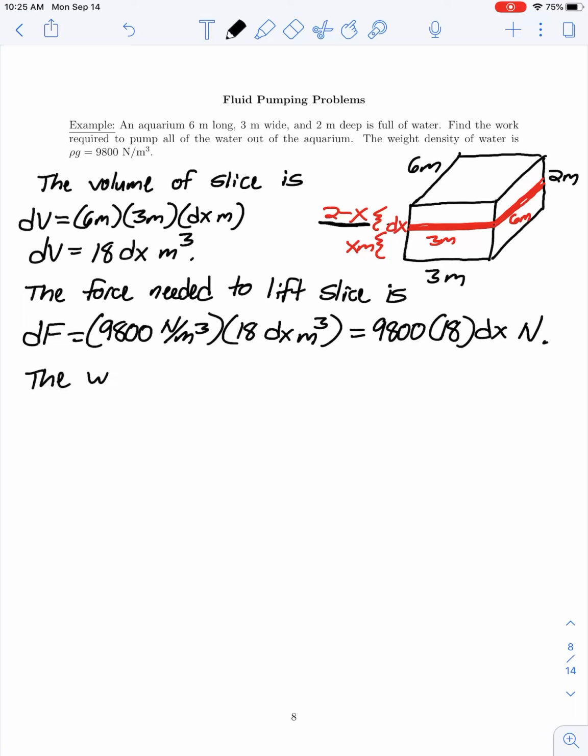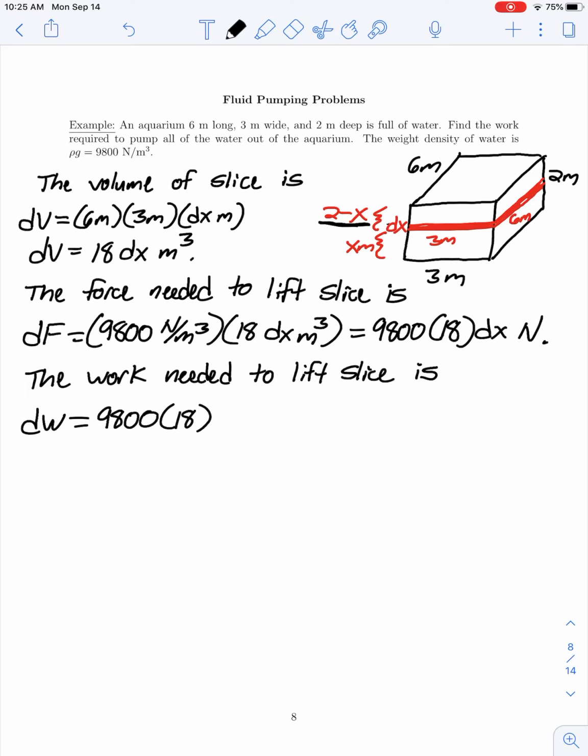So here I'll say the work needed to lift this slice would be given by the differential of the total work done in pumping all of the fluid out of our tank. And it's found by taking the force needed to move our slice, which was 9,800 times 18 dx newtons, and multiplying by the distance this object travels, which is 2 minus x meters.